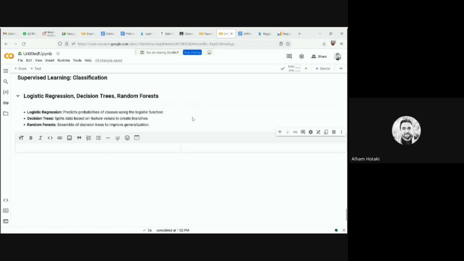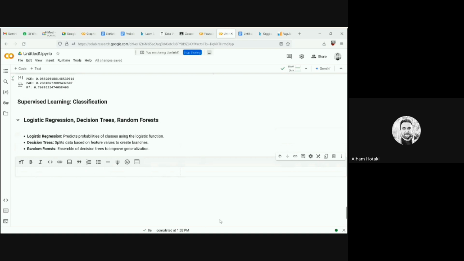Decision trees split data based on feature values to create branches. What is actually a decision tree? You have already used decision trees. Do you remember graphing within a simple graph, like an organization structure? That type of structure is actually the same thing for this model.